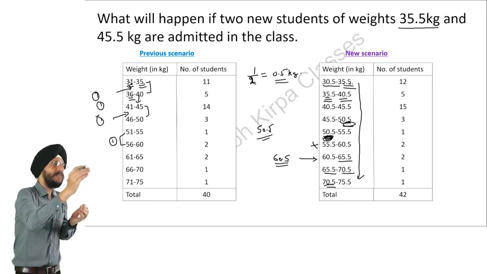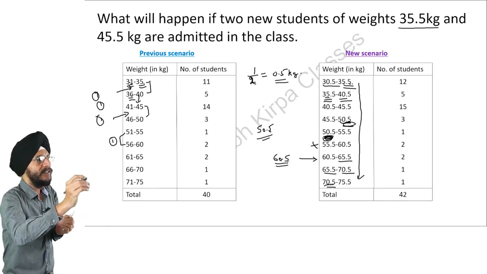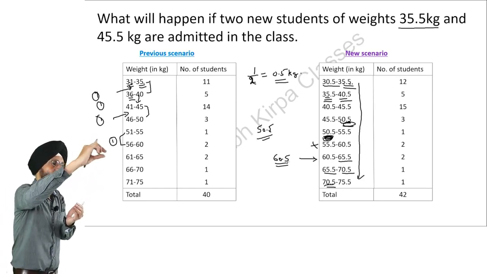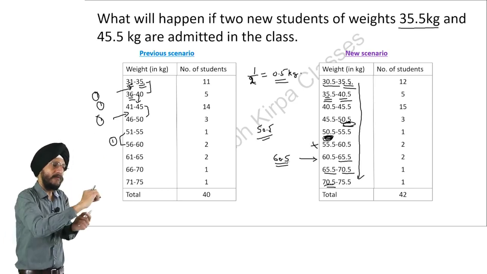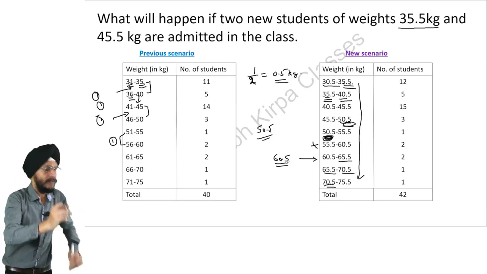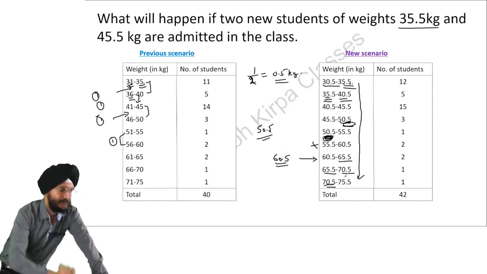In the same way, if any student obtains 30.7% marks and groups have been made 20 to 30, 31 to 40, and we have excluded 30 to 31, then we can make this data continuous in the same manner.